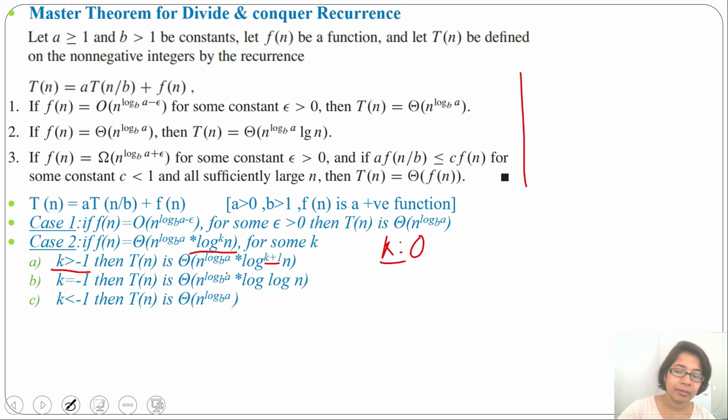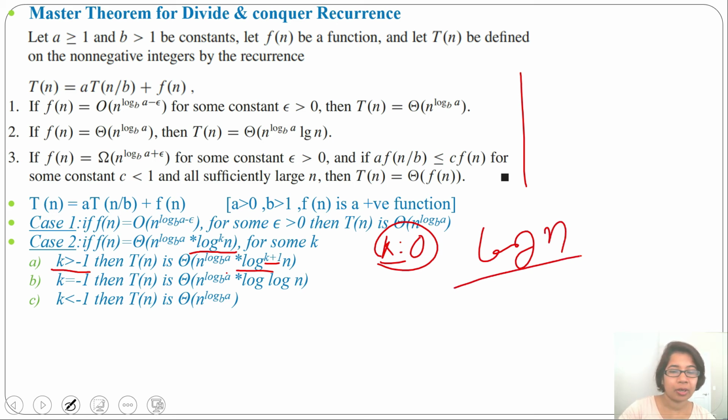Suppose no log is given, which means k value is 0, then we'll multiply by log to the power 0 plus 1. 0 plus 1 means 1, so we'll just multiply simply with log n. Suppose no log is given, it is the same as case 2 of Cormen. If some log value is given, meaning if k equals -1, then the running time will be theta of n^(log_b a) multiplied by log log n.